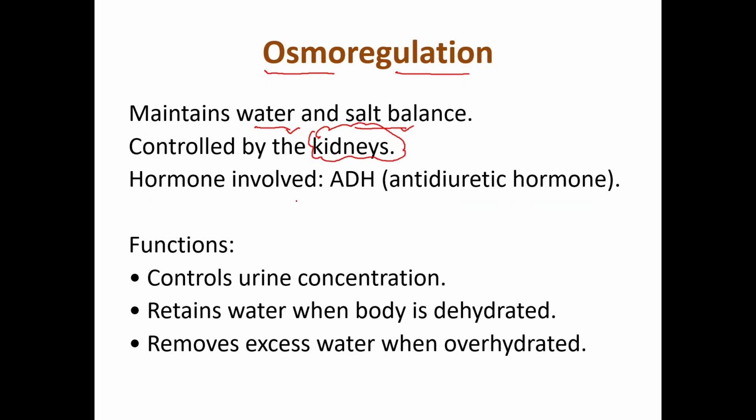The hormone involved is ADH. Each and every homeostasis is somehow related to hormones and the endocrine system. In our upcoming session, we will look clearly at the endocrine part of the human body. ADH stands for antidiuretic hormone.